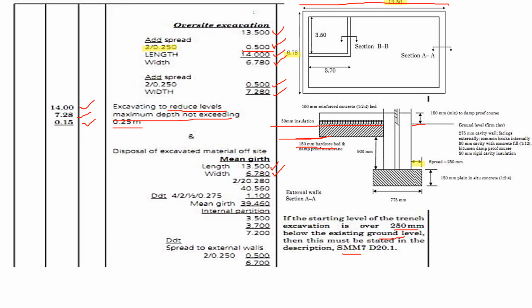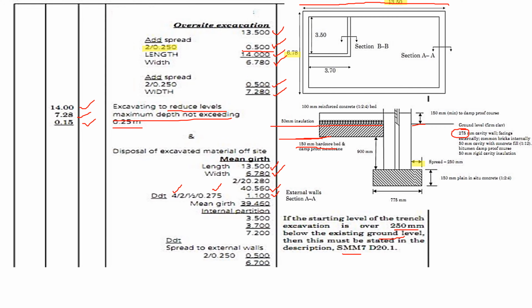So the perimeter is equal to length plus width multiplied by 2. So we shall get the perimeter as 40.560. To deduct to get the mean girth, we shall take 4 corners, then we multiply by the thickness of the external wall, 0.275, the one we have got here on the section.